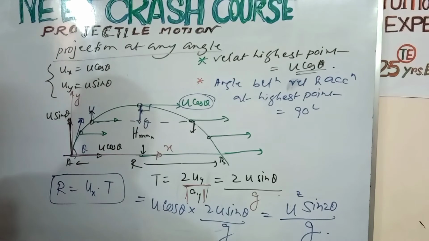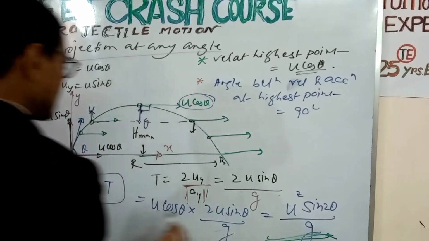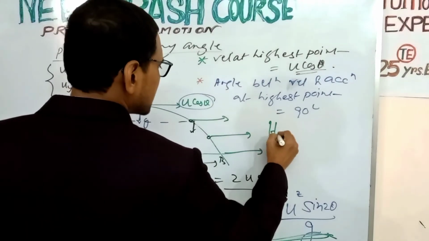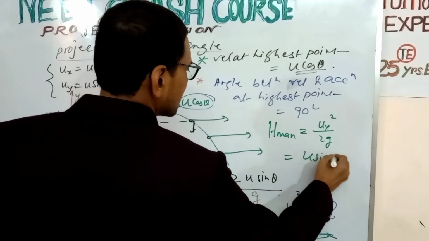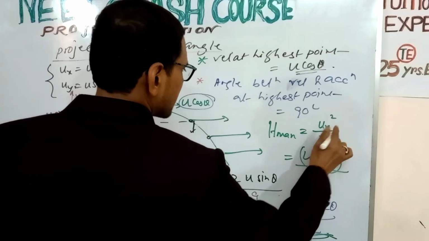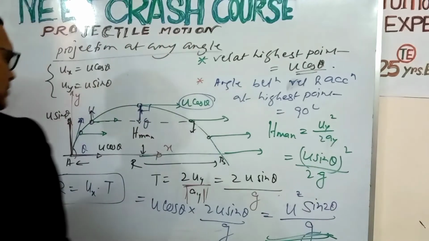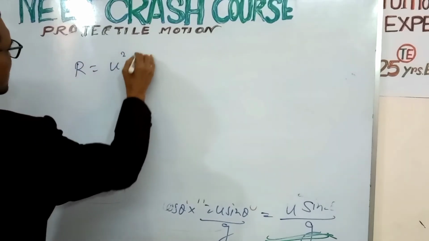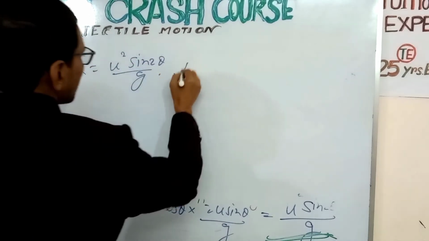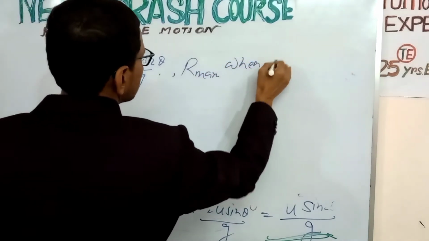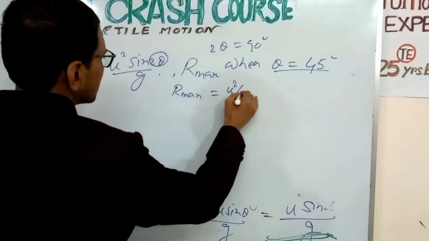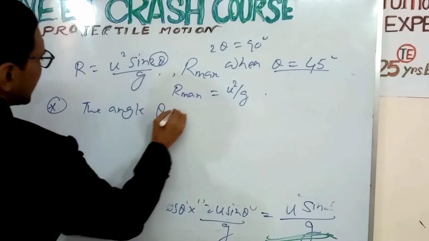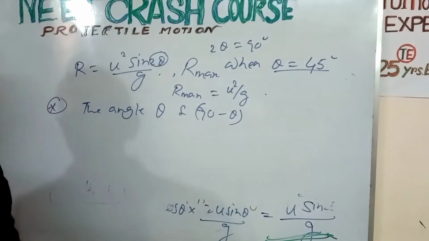Now this formula we know, and maximum height equal to uy square by 2g, so u sin theta whole square by 2g. So we get r equal to u square sin 2 theta by g. So r will be maximum when theta equal to 45 degree, because sin 90 is maximum, u square by g.